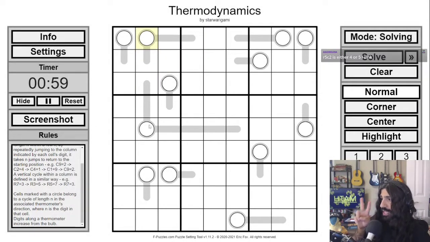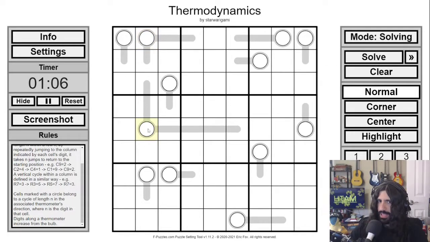No two bulbs can be in the same cycle because if they were, as we recall, if a number's in a bulb, it's involved in a cycle that is of length determined by the number in the bulb.